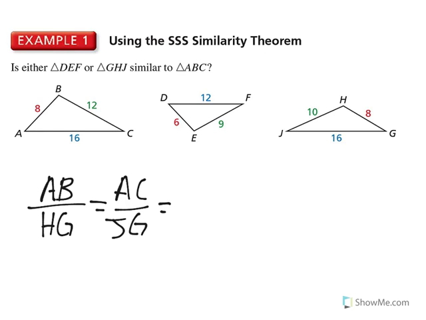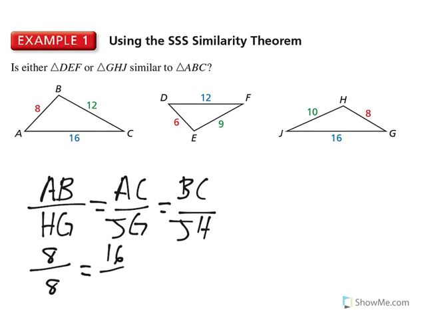And then my last sides that I haven't done yet, my middle ones, BC with JH. When I plug them all in, I get 8 over 8. AC, I get 16 over JG is 16. And then BC, I get 12 over 10.